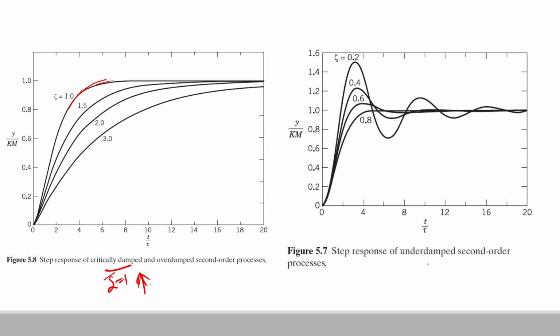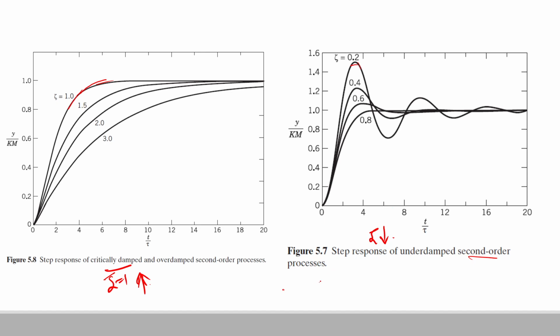Now in case of an underdamped system, for the response to a step input of the second order system, if we keep on decreasing the value of zeta, the oscillations will keep on increasing. So for zeta equal to 0.2, the oscillations are higher, and for zeta equal to 0.4, the oscillations are lesser.